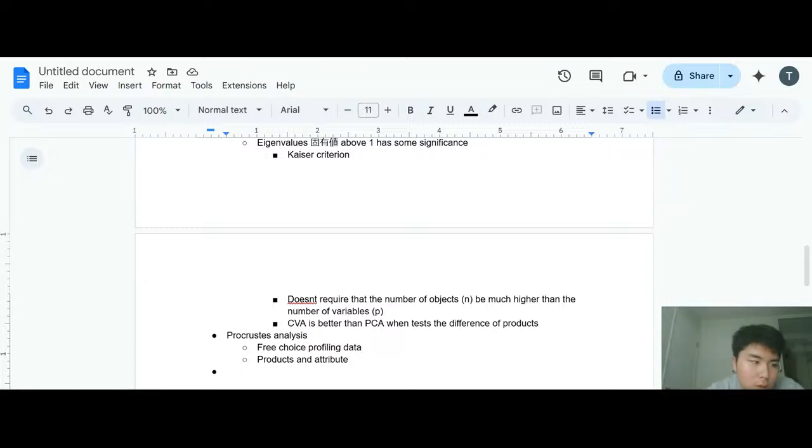Correspondence analysis is the easier version of, like, PCA, a factor analysis method.